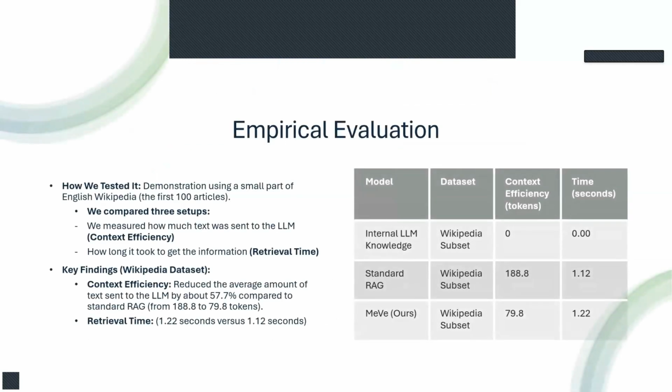And then we did an empirical evaluation, and how we tested it was we used a small part of the English Wikipedia, which was the first 100 articles. We had some resource constraints, so 100 was the most we could do, but 100 is still a lot, and it showed significant difference.